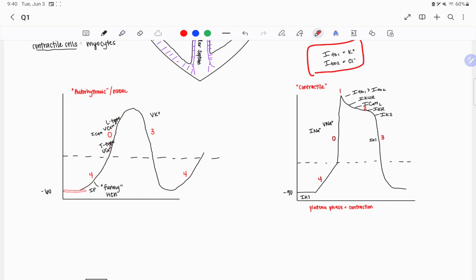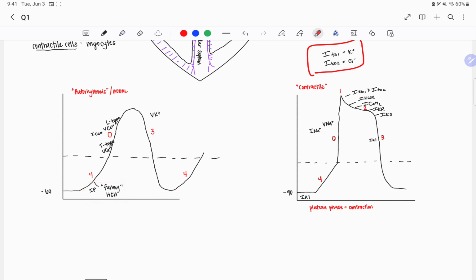They don't have a resting membrane potential. And what makes it really unique is that these nodal cells have what's called a funny channel or an HCN channel.